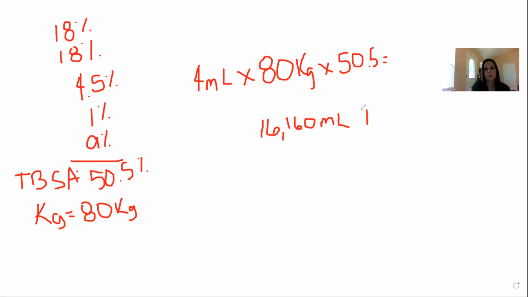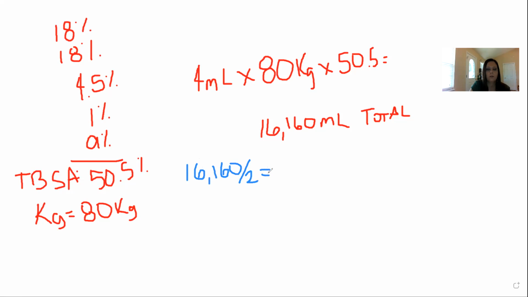So total. I'm going to switch colors. Let's do blue. So now half of that is going to go in the first 8 hours, and then the other half is going to go over 16 hours. A lot of 16s in here. So let's divide that by 2.